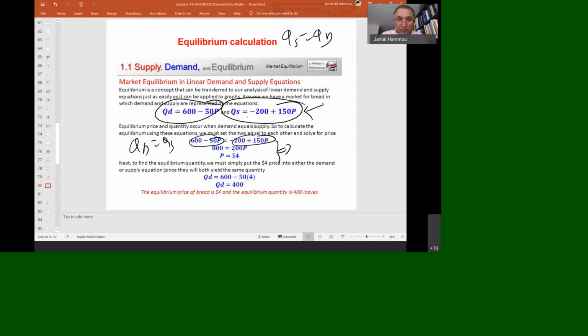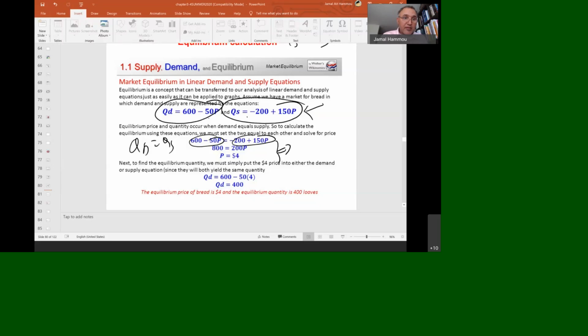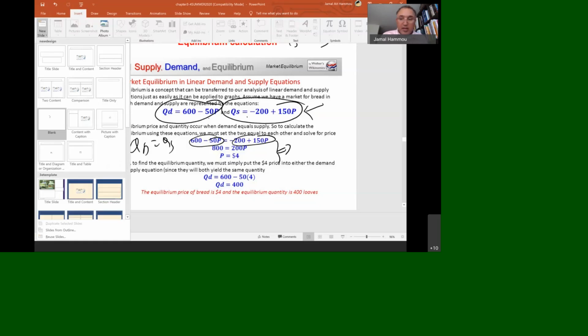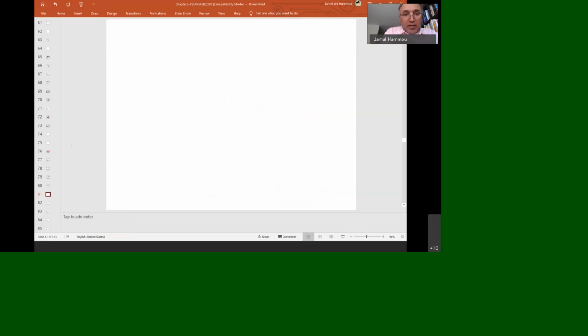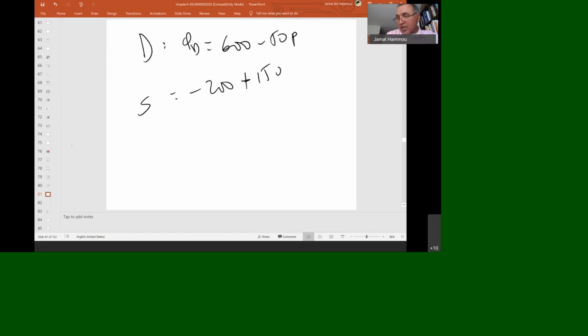First, I want you to be sure you understand a few things. Go to the new slide. The demand is a function that shows the quantity demanded is a function of the price, which is 600 minus 50p. And the supply is a function that shows it's minus 200 plus 150p.